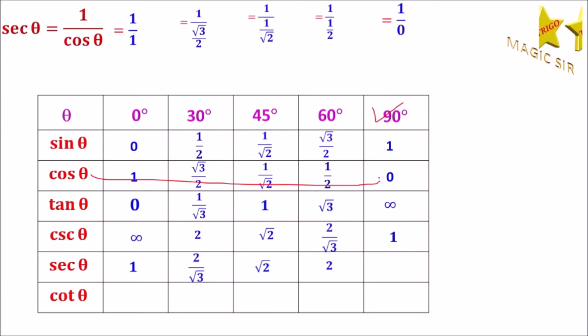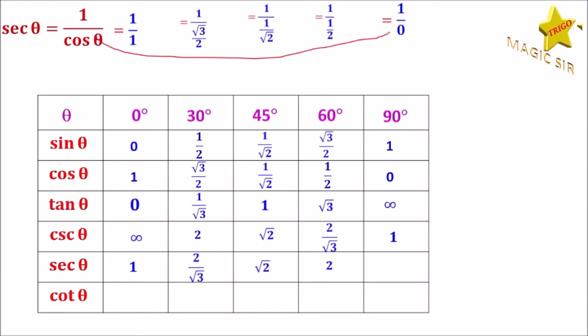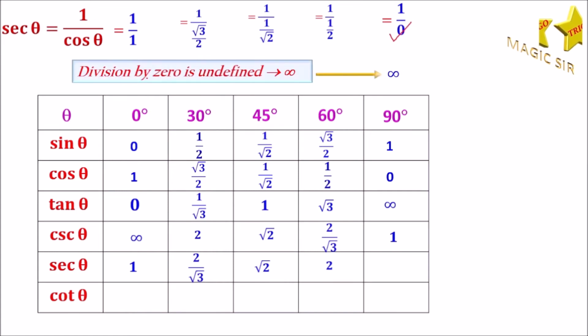For 90 degree angle, we have cos theta equal to 0. Therefore, sec theta equal to 1 upon 0. We write 1 upon 0 is equal to infinity because division by 0 is undefined.